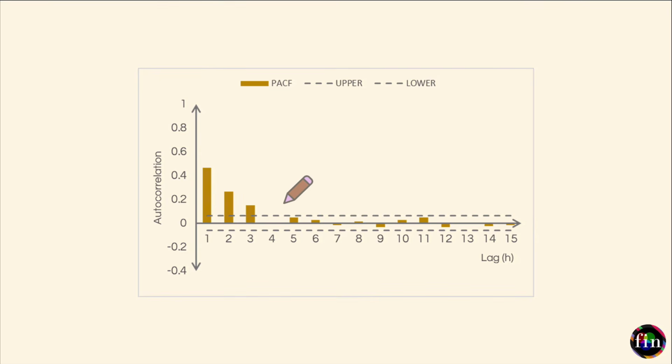It can also be the case that correlogram C comes from a process which has an AR1 component, and because of AR1, the partial autocorrelation function for lag 1 is significant.